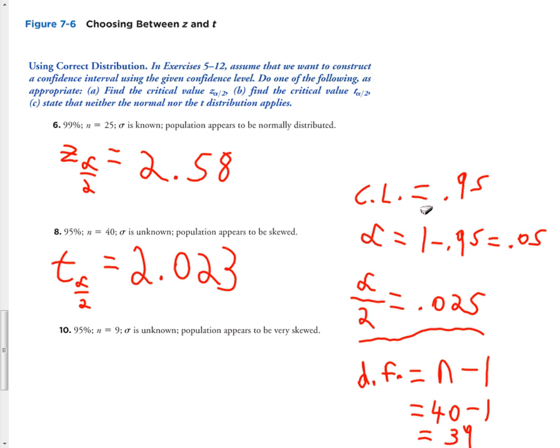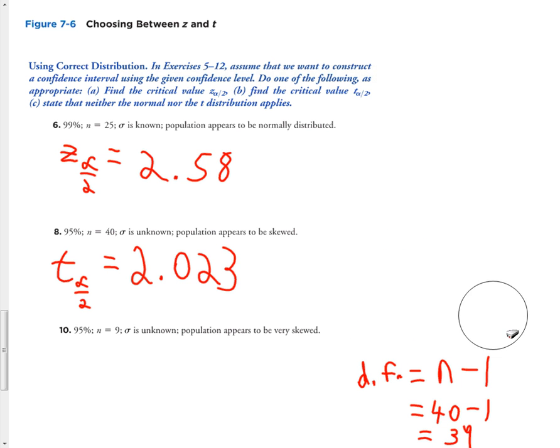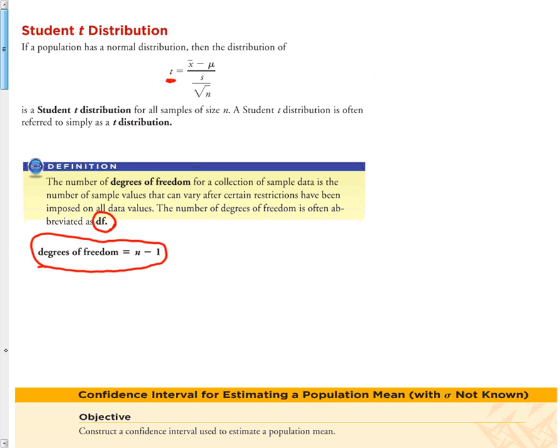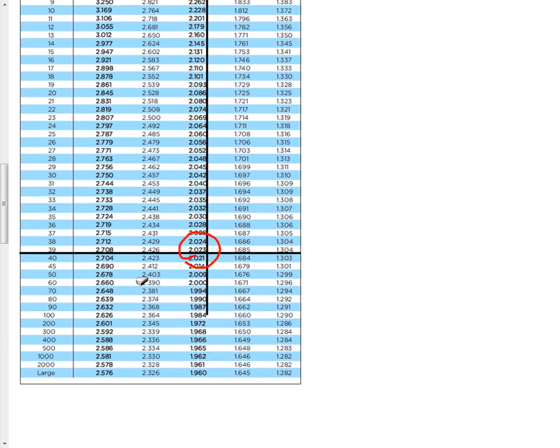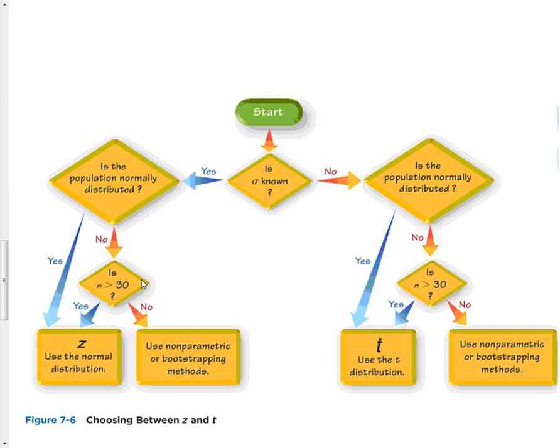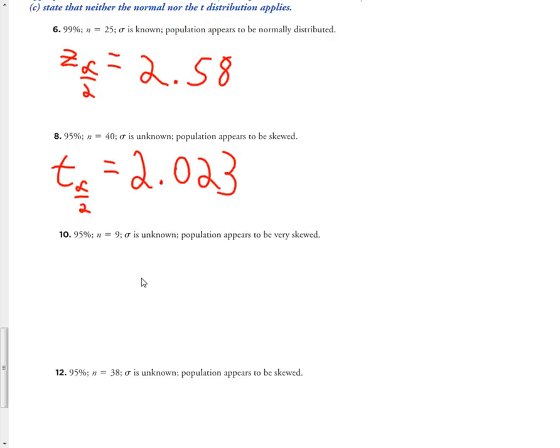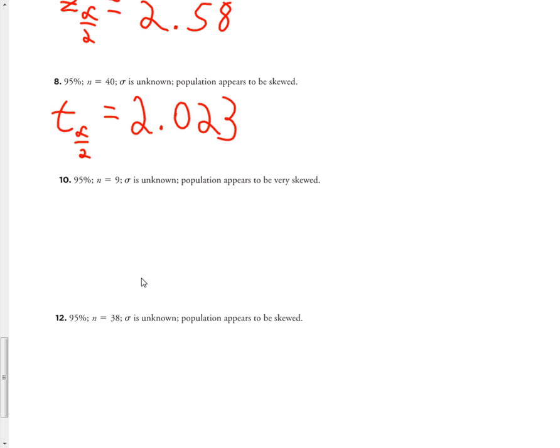All right, let's go ahead and do number 10. For number 10, we have a confidence level of 95%.